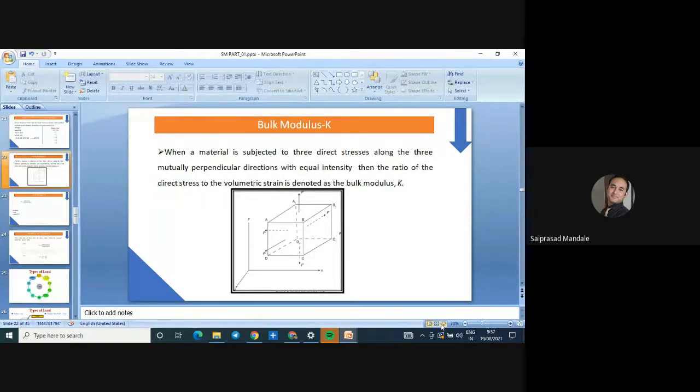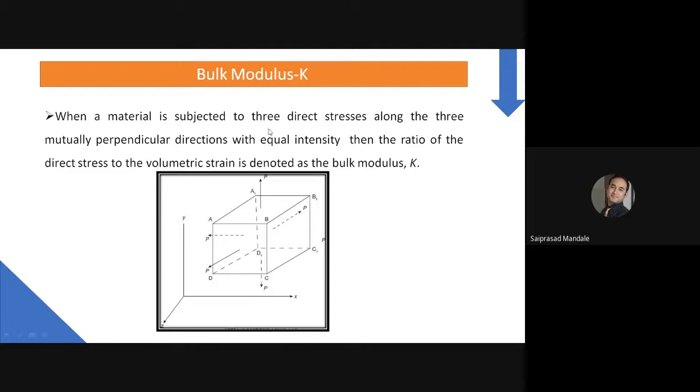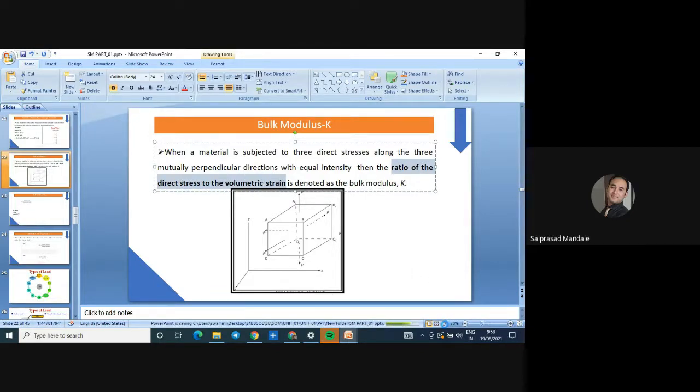When a material is subjected to three direct stresses along three mutually perpendicular directions with equal intensity, then the ratio of the direct stress to the volumetric strain is denoted as the bulk modulus K. In short, it is the ratio of direct stress to volumetric strain.